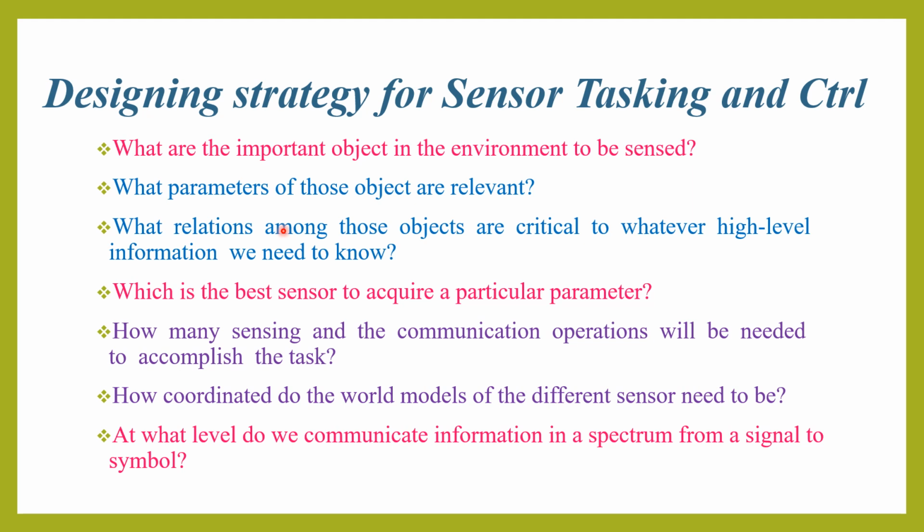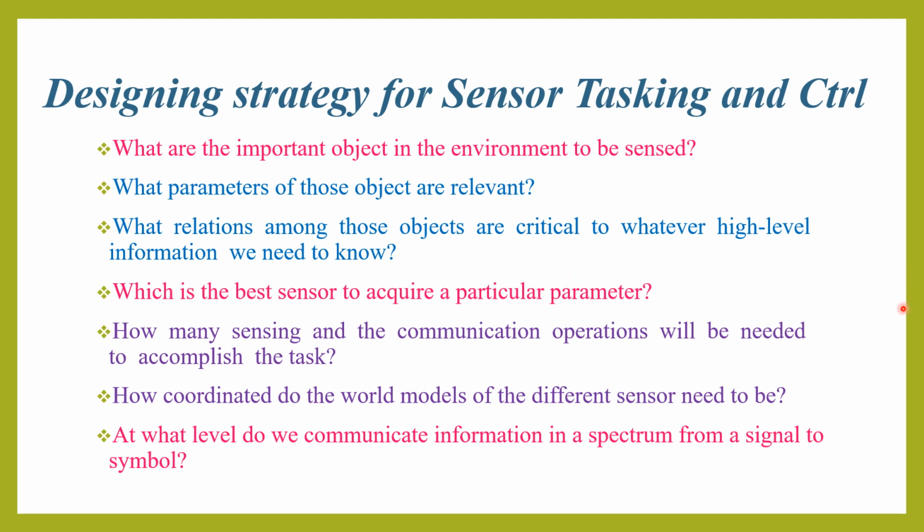What parameters of those objects are relevant? Which is the best sensor to acquire a particular parameter? How many sensing and communication operations will be needed to accomplish the task? How coordinated do the world models of the different sensors need to be? At what level do we communicate information, in a spectrum from a signal to a symbol? All these questions have to be kept in mind while designing or proposing any strategies for sensor tasking.